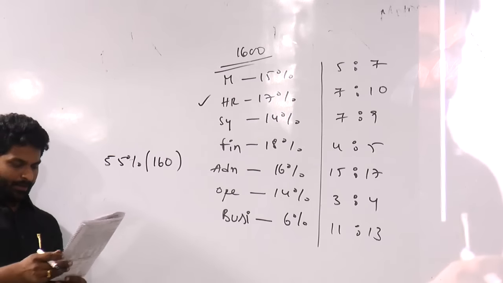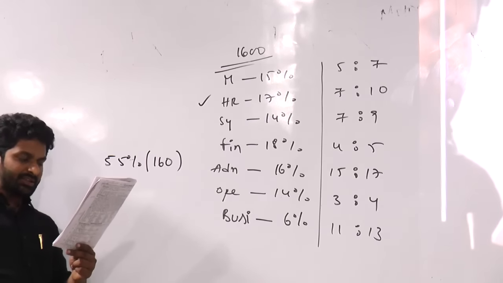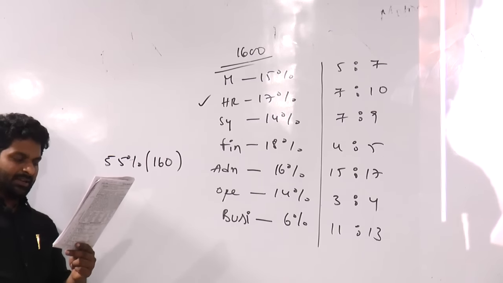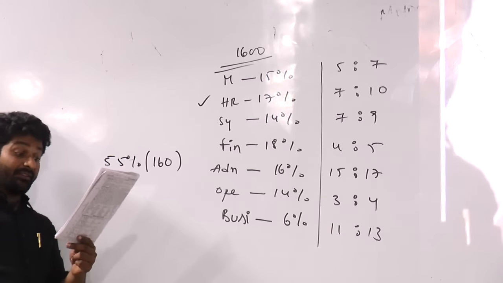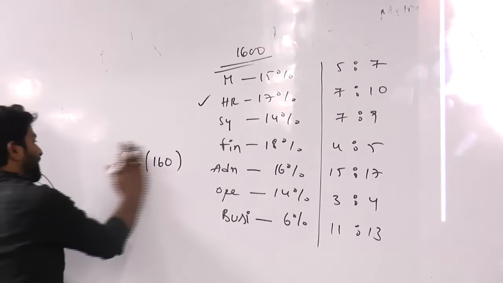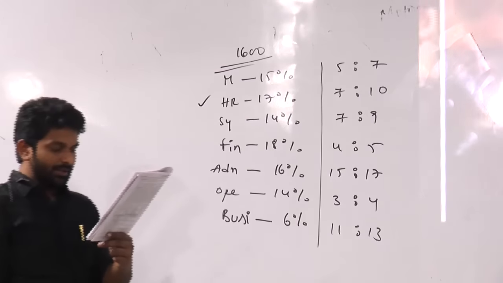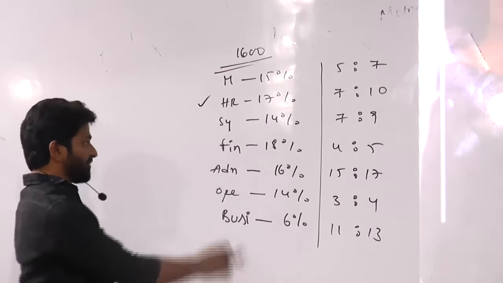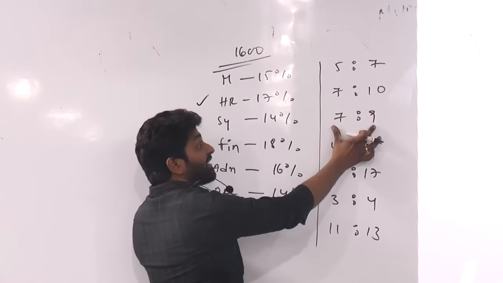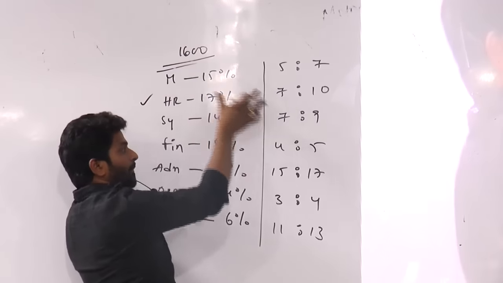Next. The number of students passed in second class from systems specialization is approximately what percent of the total number of students passed in second class from the 7 specializations together? You have to calculate this. It takes time. Simplification takes time. Second class students from systems: total 16 parts, 14% of this number.